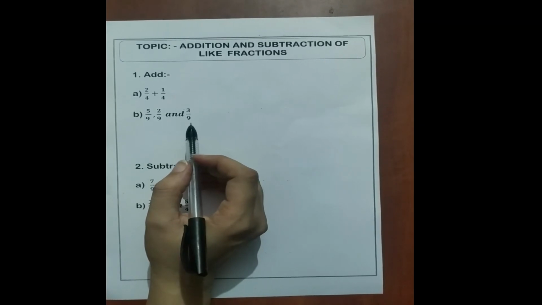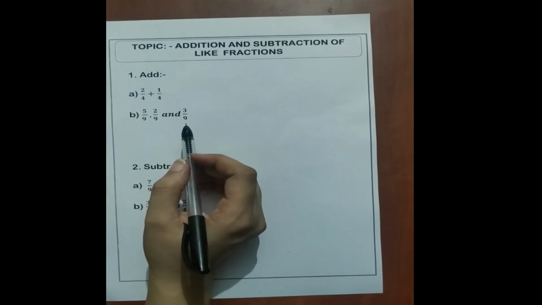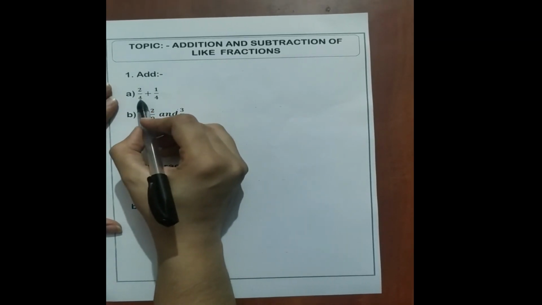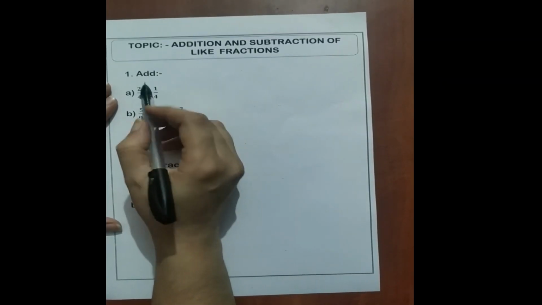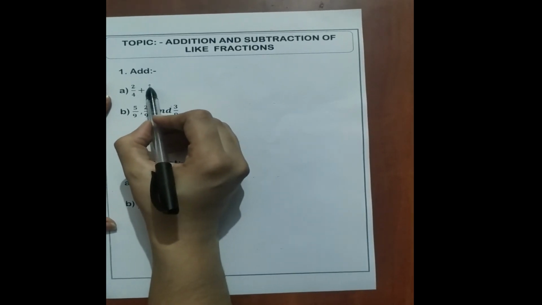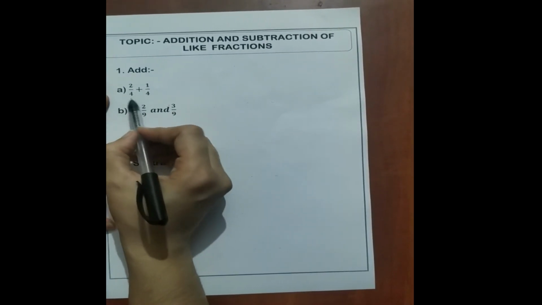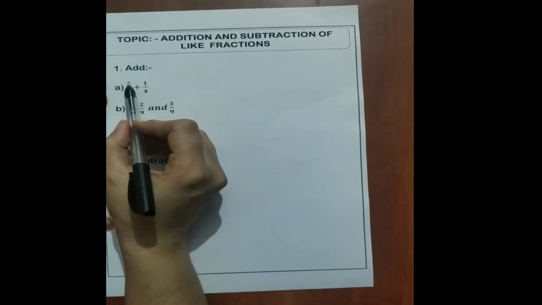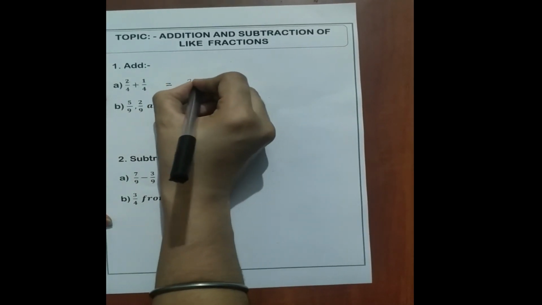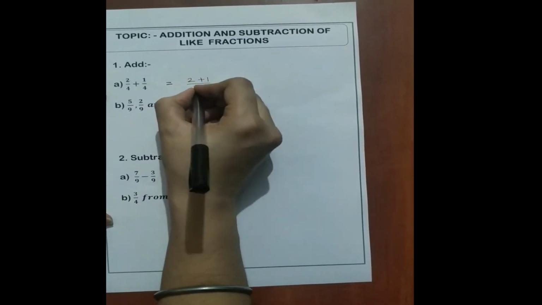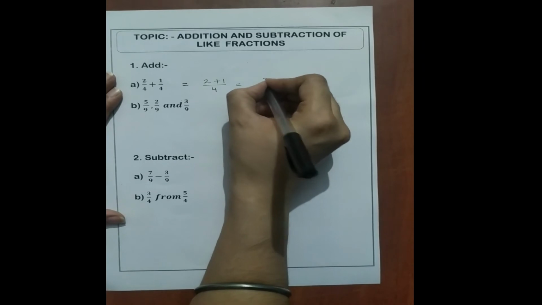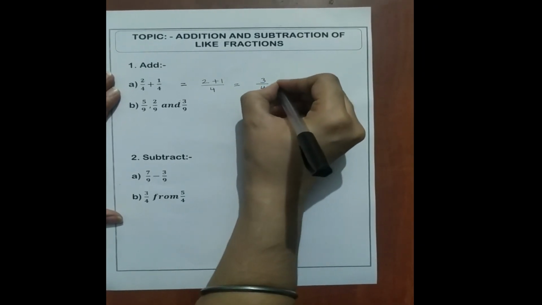Let's solve it. 2 by 4 plus 1 by 4. Here numerator is 2, here numerator is 1. The denominators are same, so add only numerators. 2 plus 1 is 3. 3 by 4 is the answer.